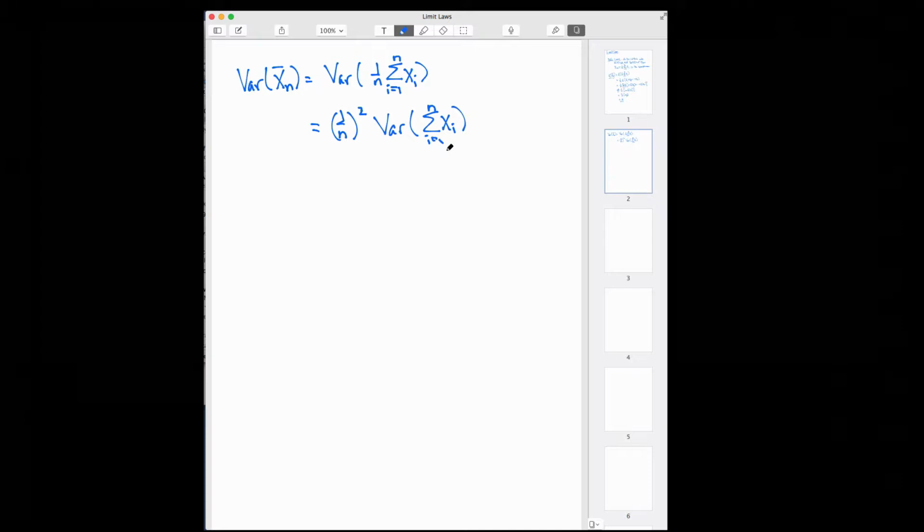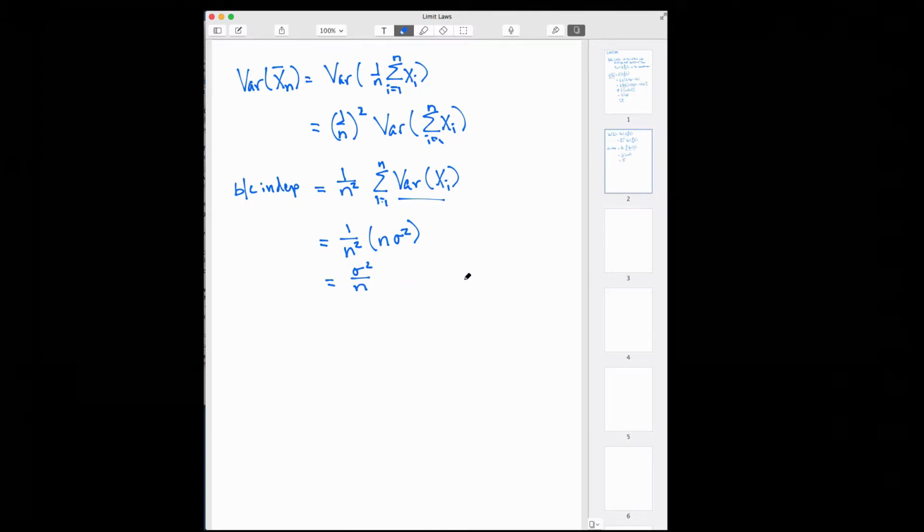Now remember that these random variables are independent, so because the xi's are independent, we can rewrite this variance as the sum of the variances of each of those xi's, again because they're independent, so we know that the covariance between all of those are 0. And now notice that the variance for each xi is exactly the same. It's going to be sigma squared, so we get 1 over n squared times n sigma squared, which yields a variance of sigma squared divided by n.